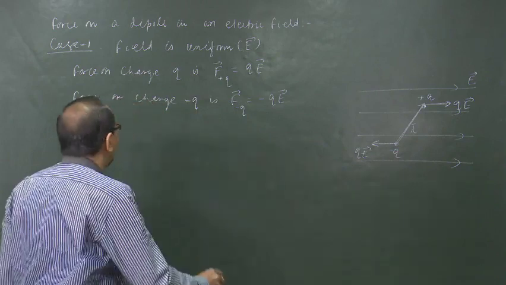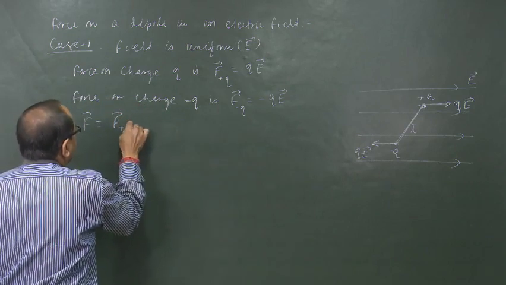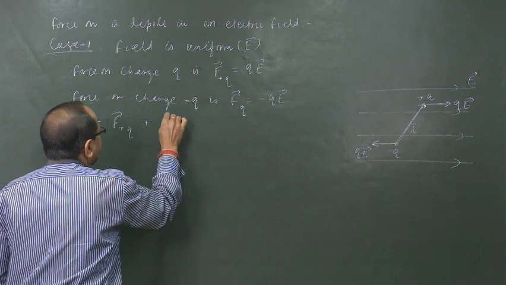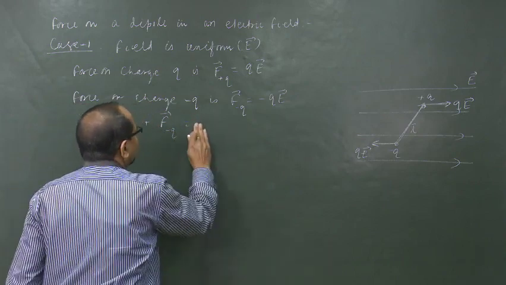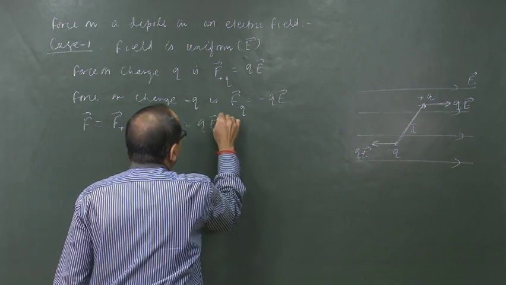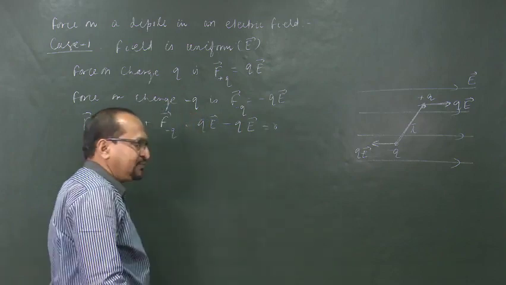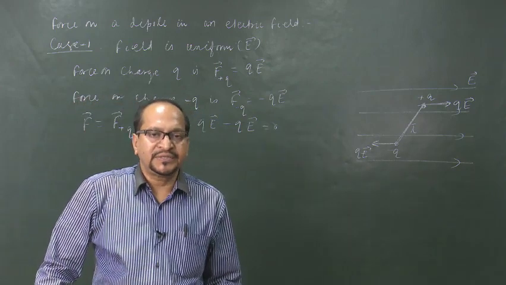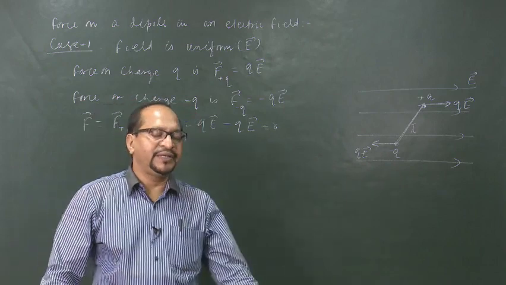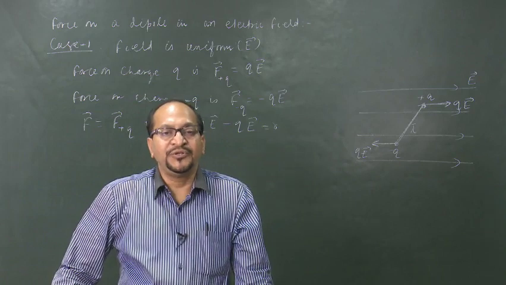So, the resultant force on the dipole is F on plus q plus F on minus q, which is equal to QE minus QE, which is equal to 0. Okay.